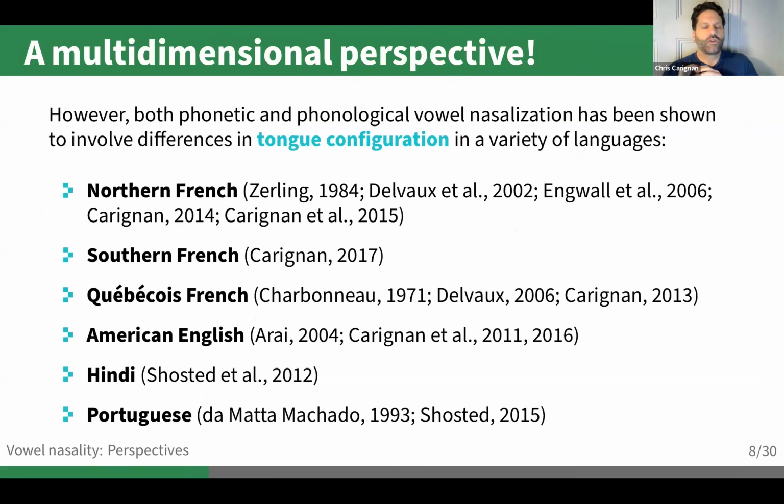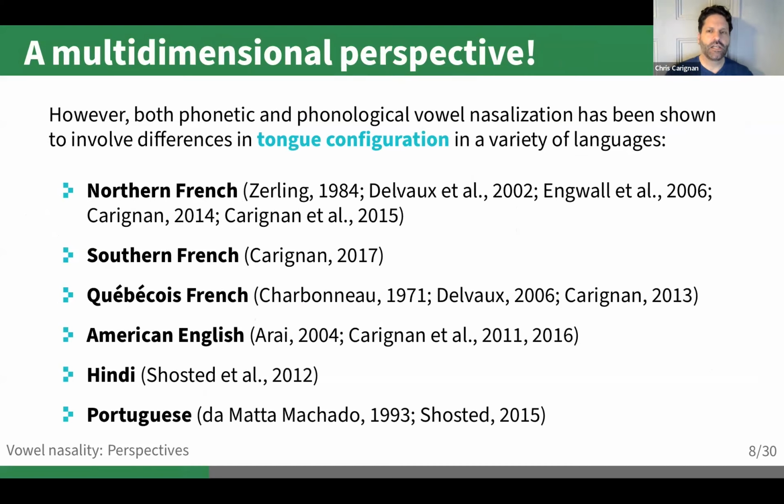However, there's lots of research to show that this really isn't the case, that lowering the velum is just one of multiple different articulatory characteristics that can be used to distinguish nasal vowels from some oral counterpart, or a nasal vowel system from an oral vowel system.